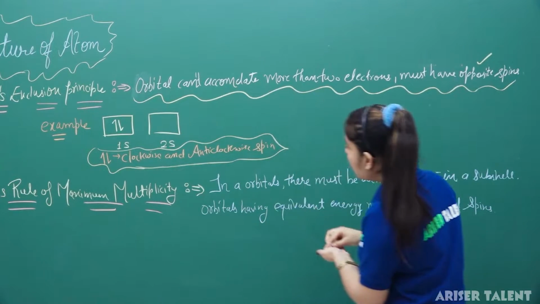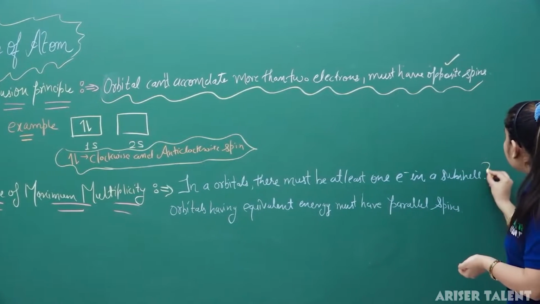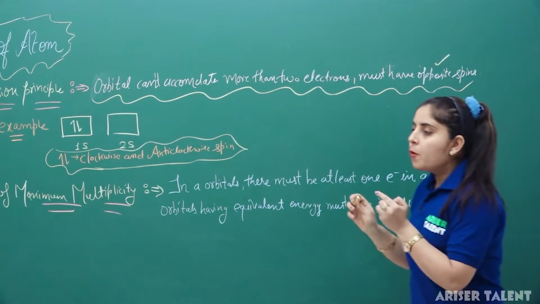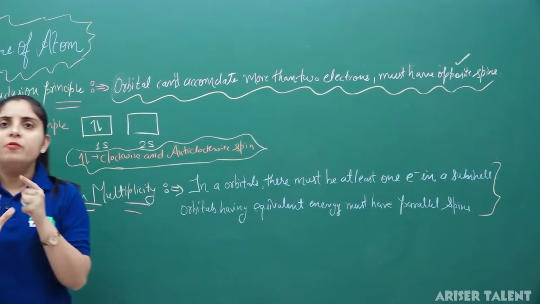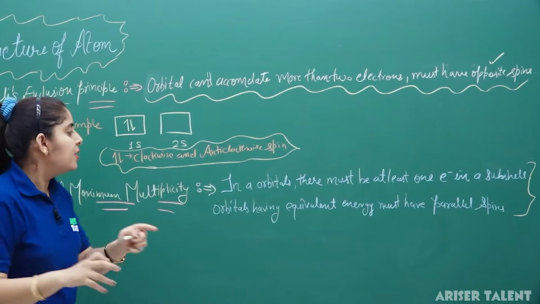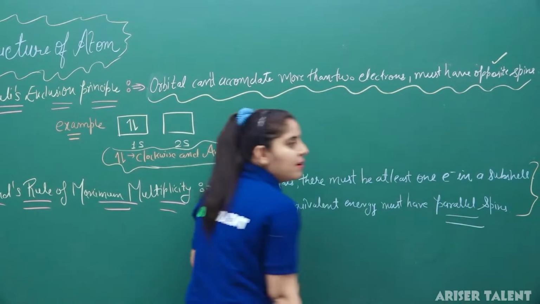This is the basic statement of Hund's rule: for filling of orbitals, there must be one electron available, and if we have electrons with equivalent energy, then the spins must be parallel.